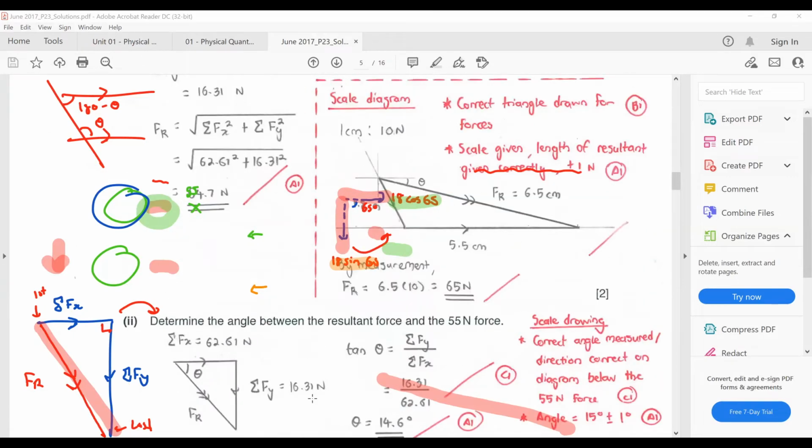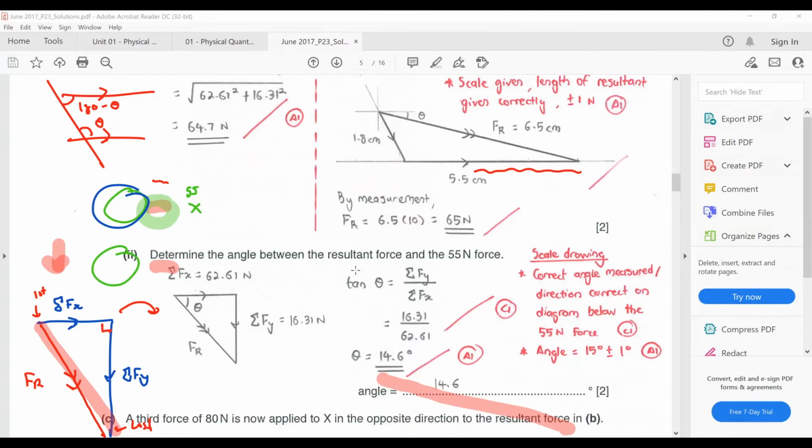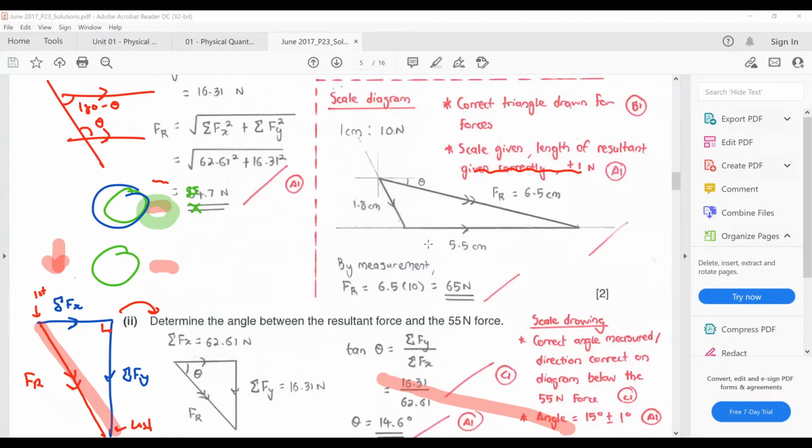They told you, find out the angle between the resultant force and the 55 Newton force. Now, if you had used a scale vector diagram, like the one above here, your 55 Newton force would be actually this one.